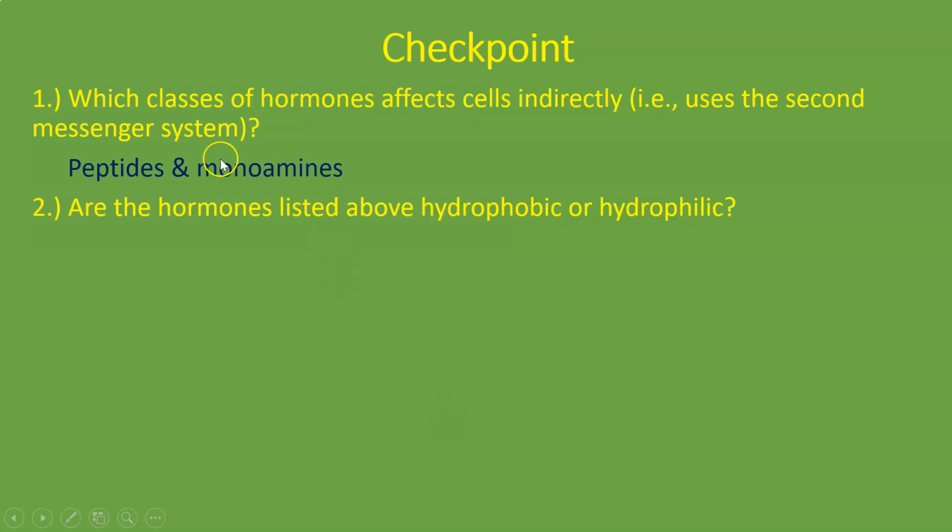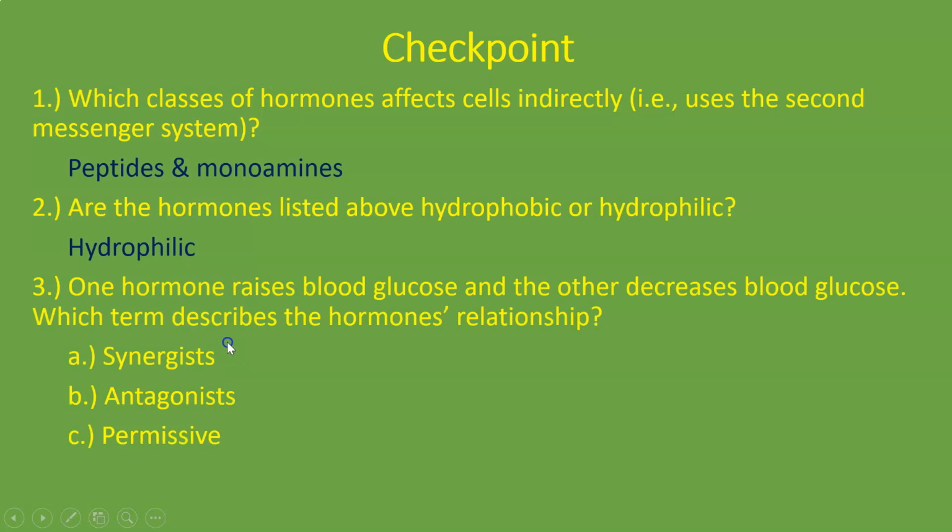Are the hormones listed above hydrophobic or hydrophilic? Whoops, if you were listening carefully, I gave you the answer to this. They are hydrophilic, exactly. So remember that to use the second messenger system, the receptor has to be on the surface of the cell because these hydrophilic hormones can't cross the phospholipid bilayer.